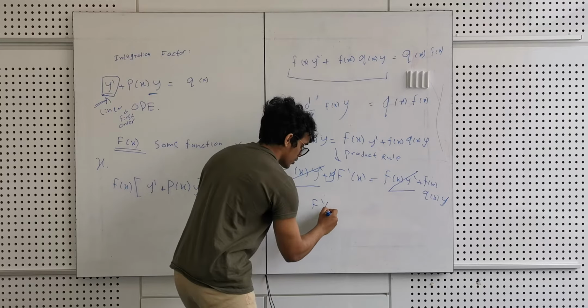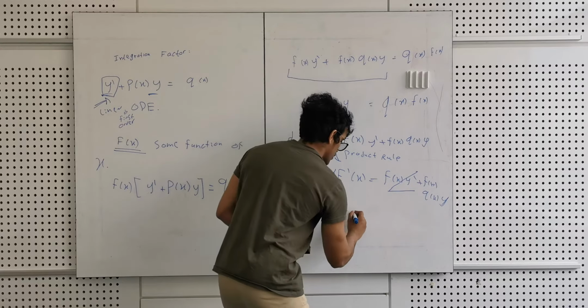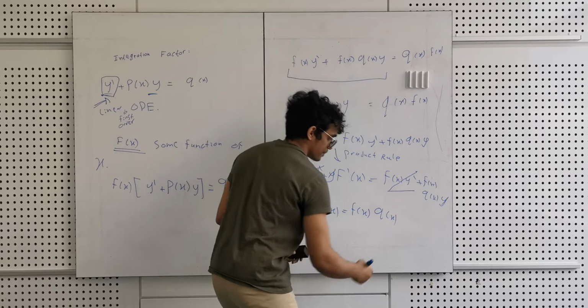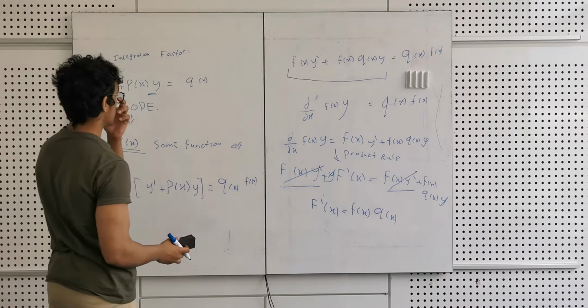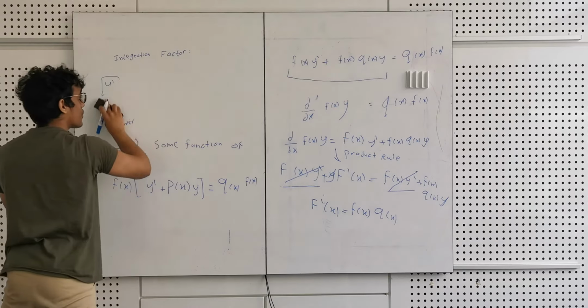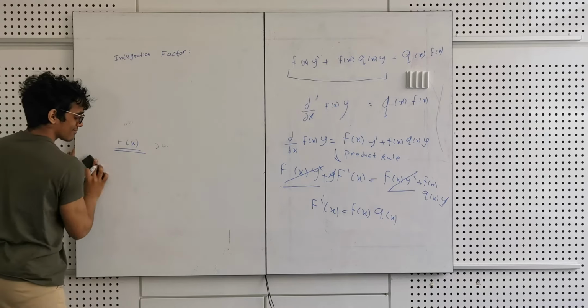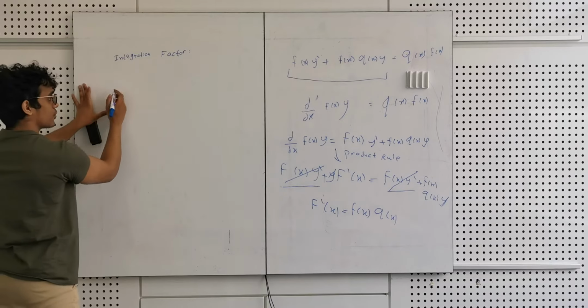We are left with a differential equation where the derivative of the function will be equal to the function itself times another function. So we are left with another differential equation. If we want to find the function, let's try to solve this.